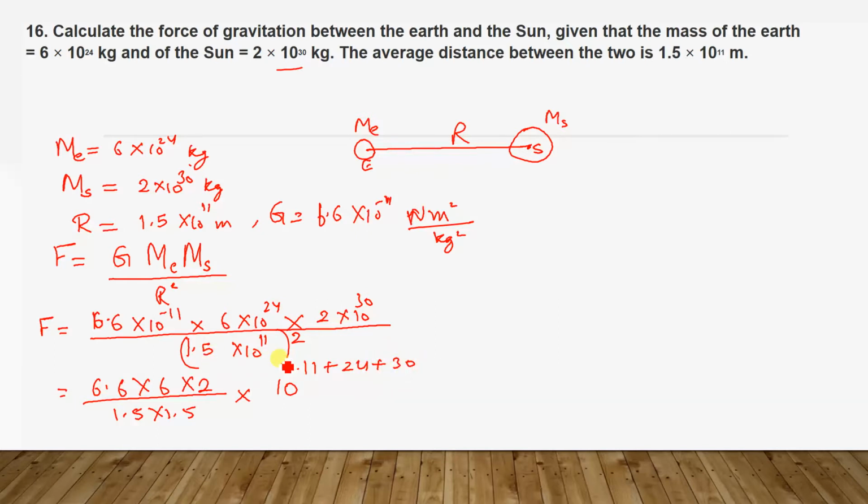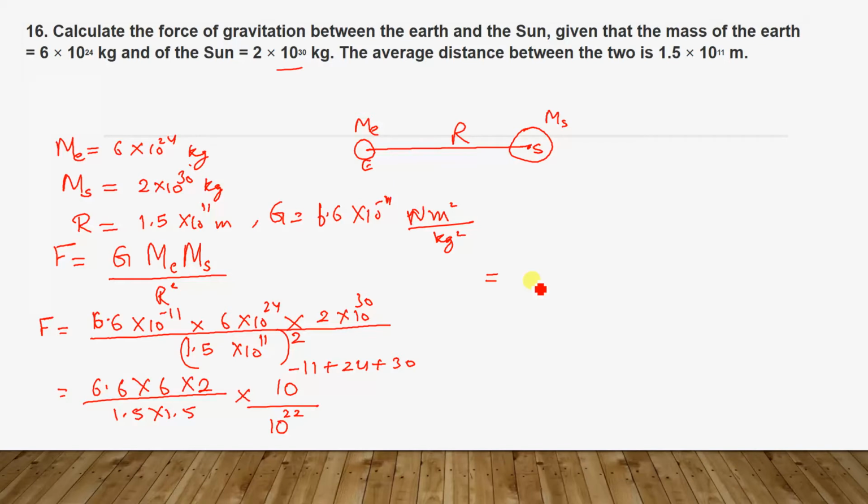Here in the denominator, 10 raised to power 11 raised to power 2. So it will be 10 raised to power 22. Okay beta, on further simplification, after solving all this, now we have 6.6 multiply 6 multiply 2 and then divided by 1.5. So let's see what's the answer.